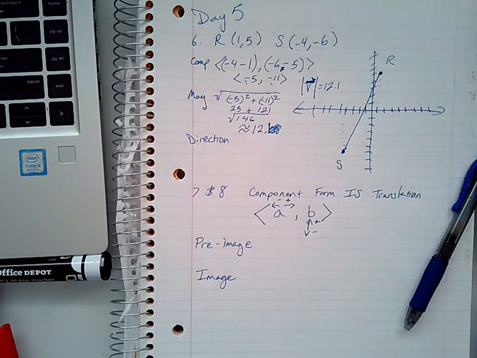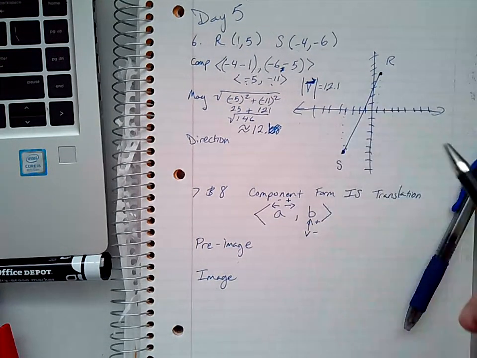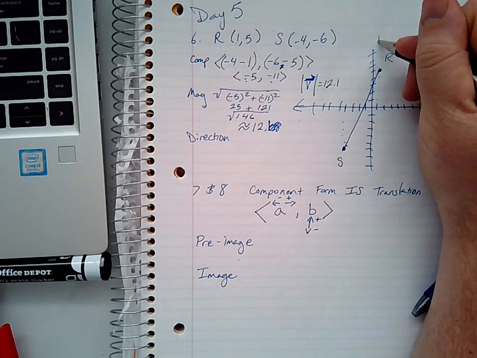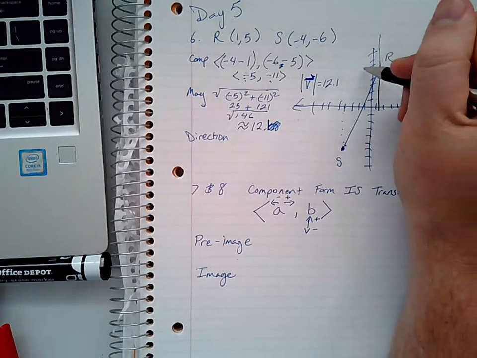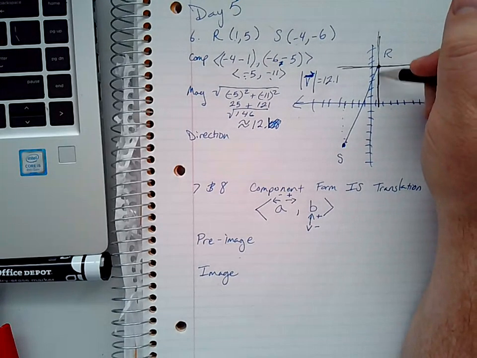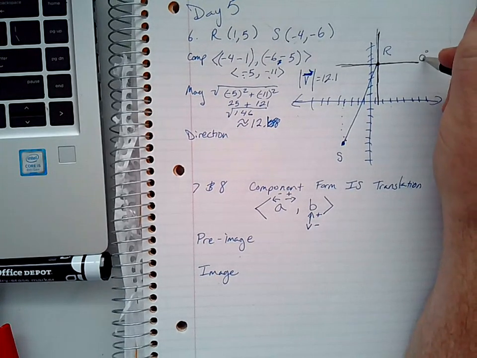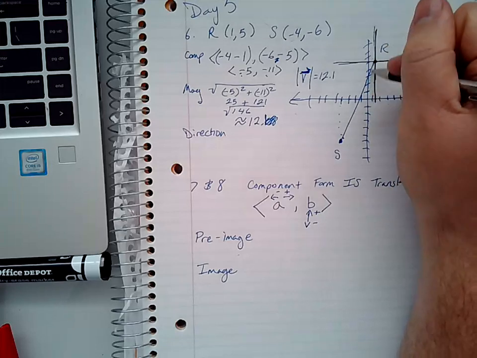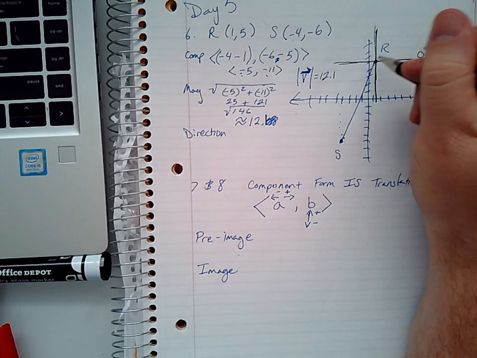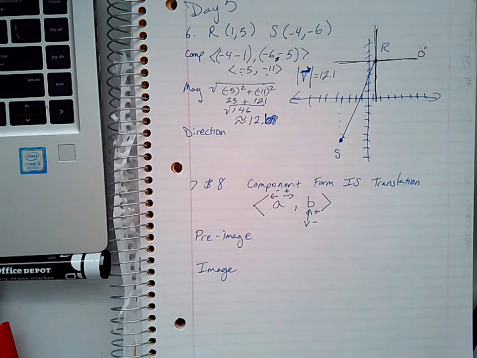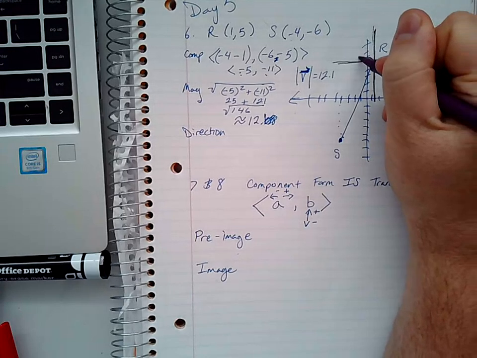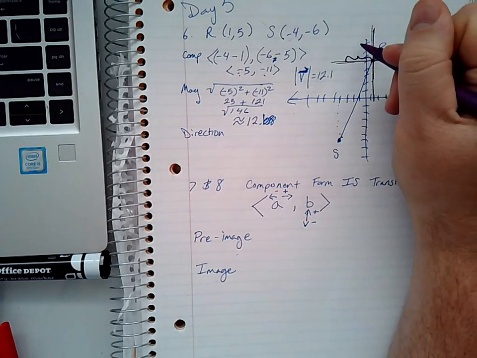So direction is not based on this original coordinate plane. We're going to make a new coordinate plane, and we're going to put this starting point as our origin. Okay, so really we're looking from 0 degrees all the way to where this line is. All right. We know a couple of things. We know that our A value, how far we move to the left, is negative 5.